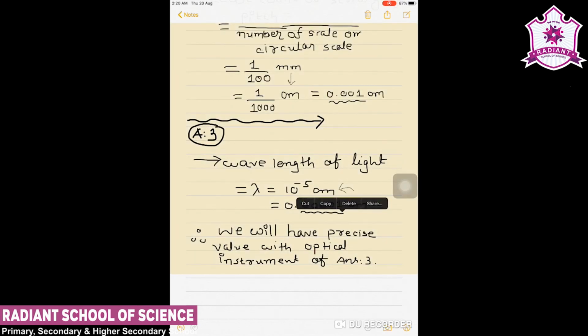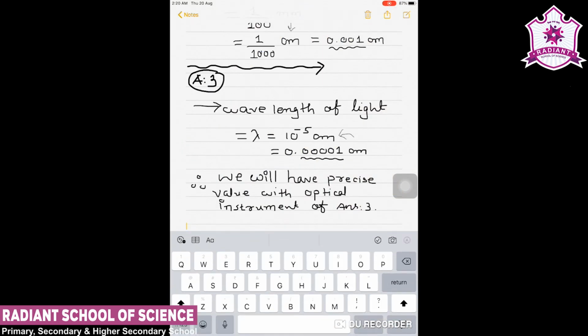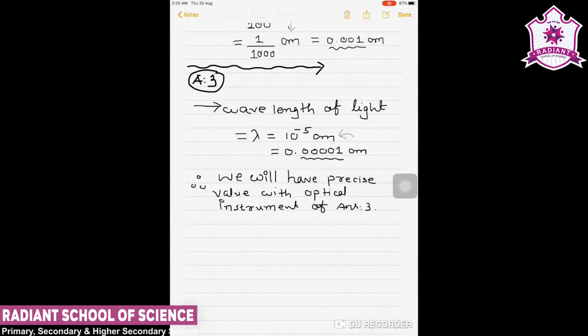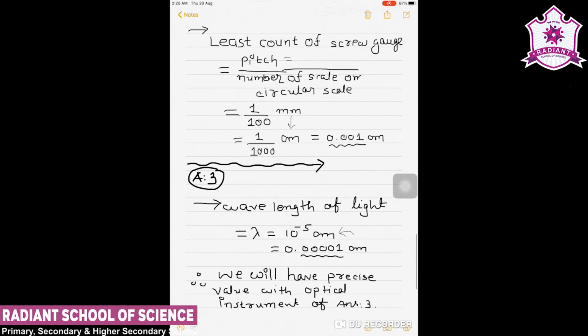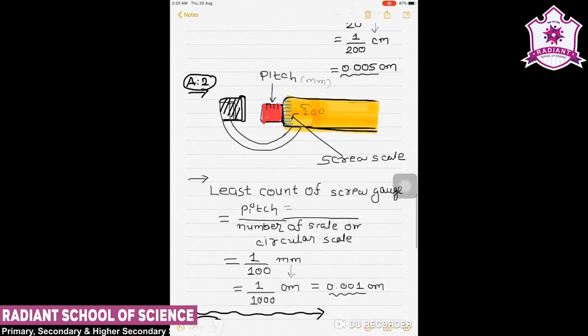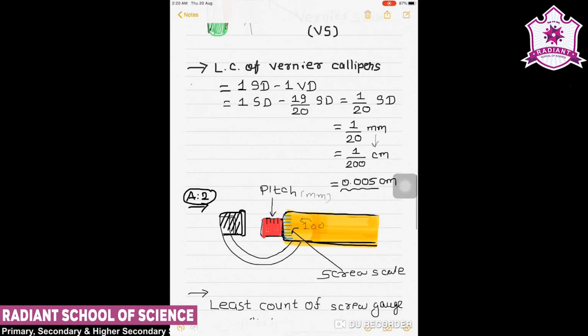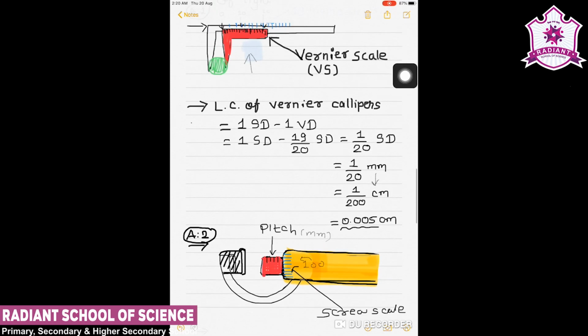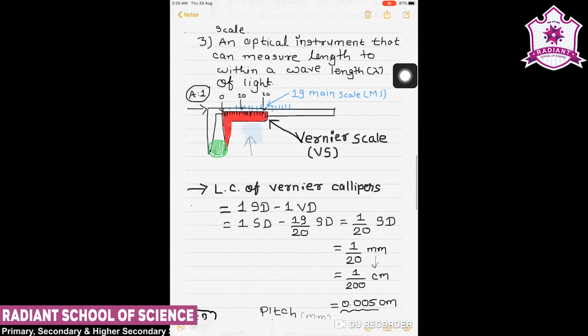That means we can have information of about 5 points after the decimal in centimeter, while for the micrometer screw we have information of about 3 points after the decimal, with a range of 0.001, and in vernier calipers we obtained a value of 0.005 centimeter.